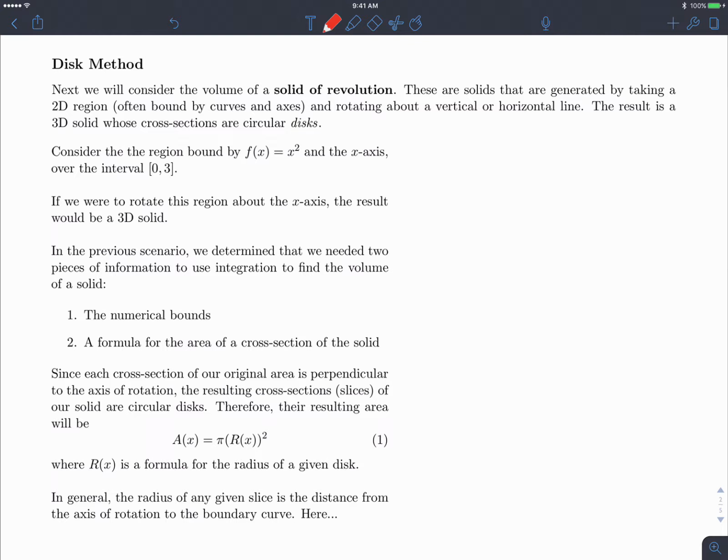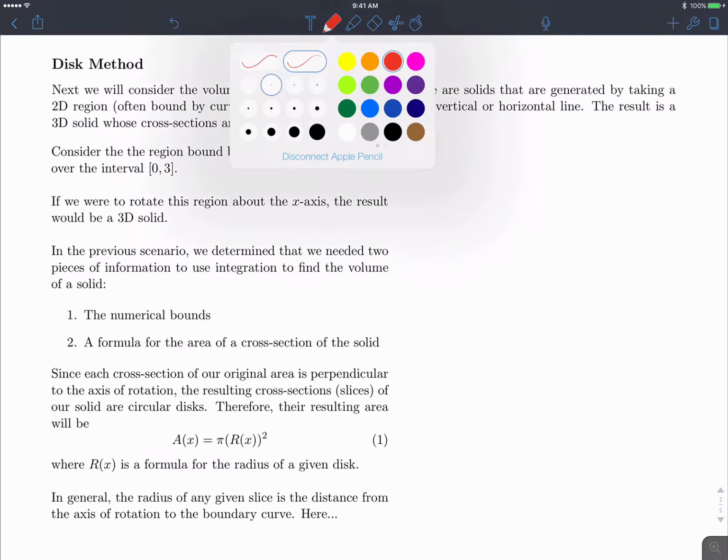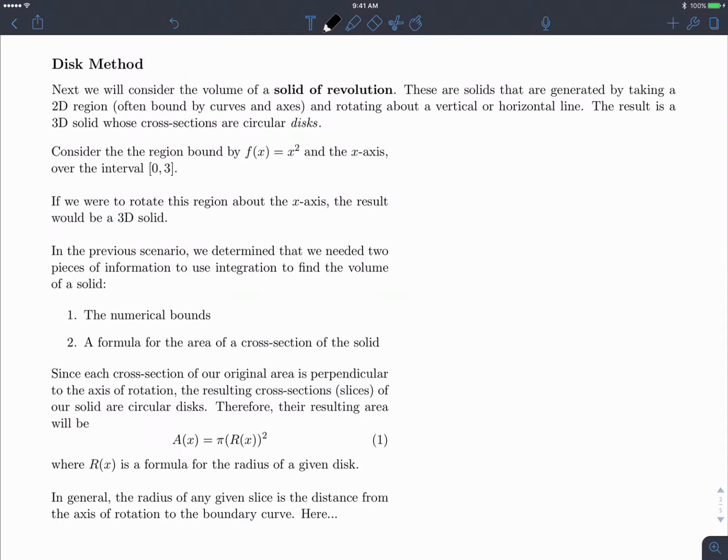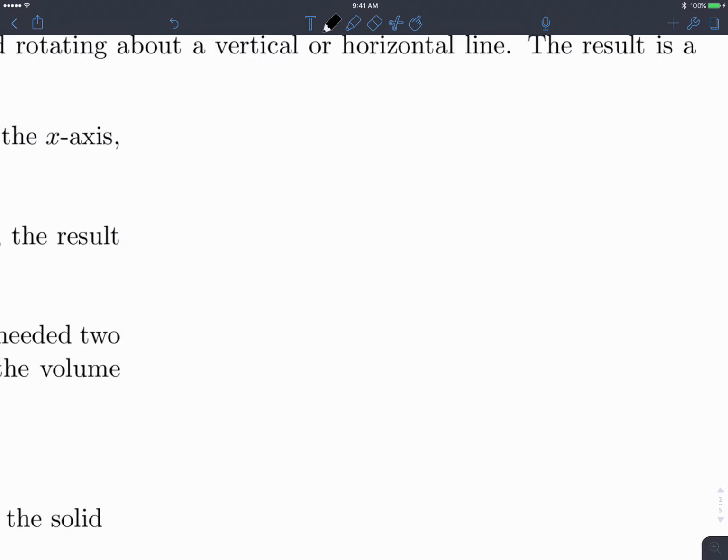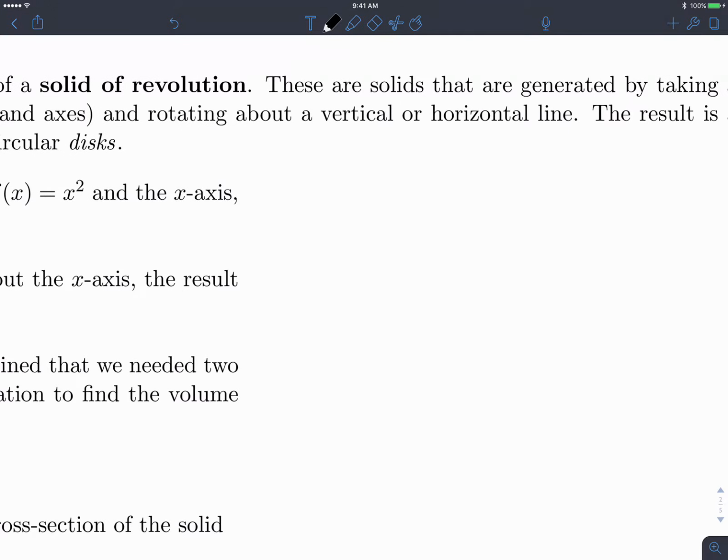So let's start with a nice, easy beginning problem. Let's begin with the region bound by the curve f of x equals x squared, the x-axis, and then the interval between 0 and 3. So what would this look like? Well, if we were to draw this, we're essentially just looking here in the first quadrant.